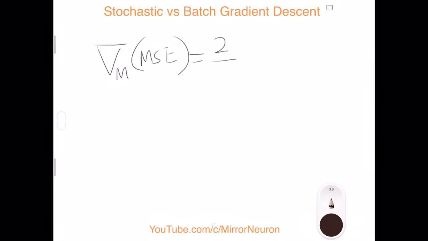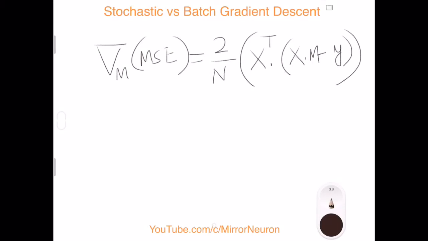It looks like 2 over the number of records or the data that we have, times x transpose dot product with x dot the coefficients minus your original value. Okay, so this is your gradient.